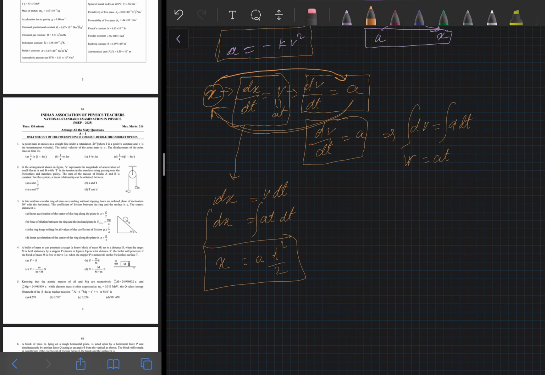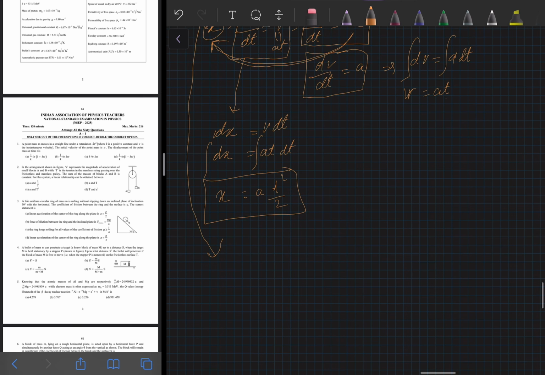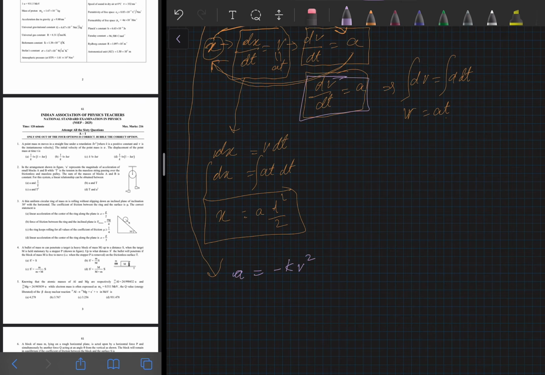So let's start from this. Again we have acceleration equal to minus kv square, and as I've just shown you, acceleration can be written as dv by dt. So dv by dt is equal to minus kv square.